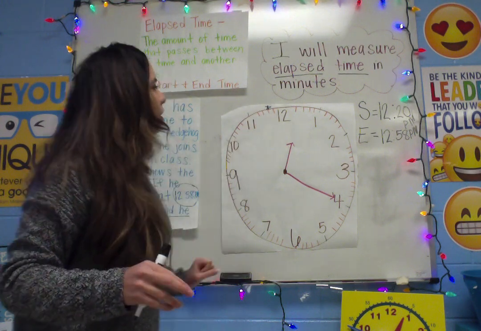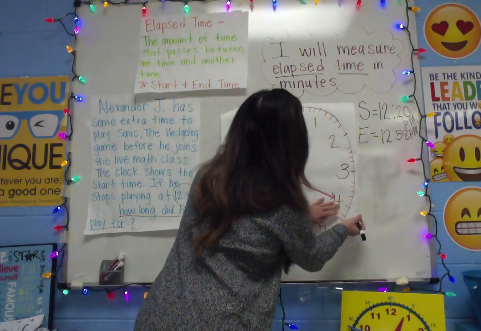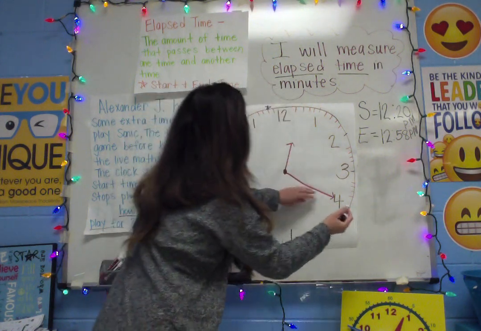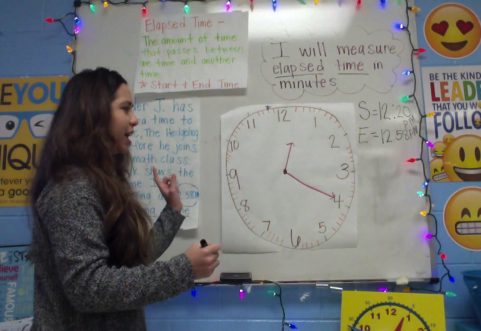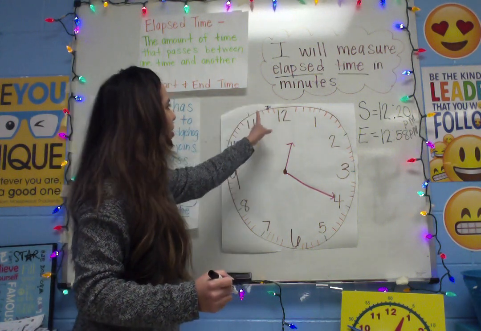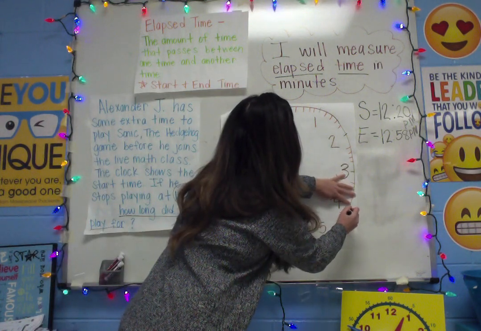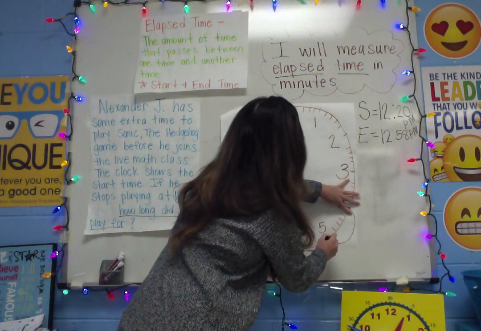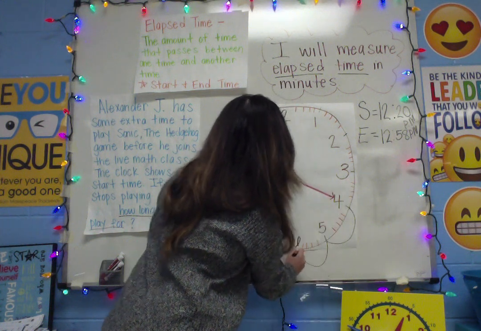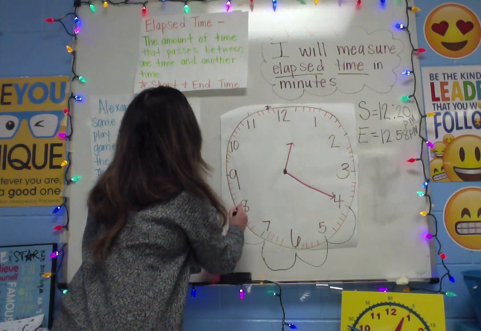Okay? So, here I go. I'm going to start at 12:20, and this is what my flower petals look like. I'm going to count by fives until I get to 55 minutes, and then I'm going to count up by ones. Ready? So start at the 20 minute. 5, 10, 15, 20.